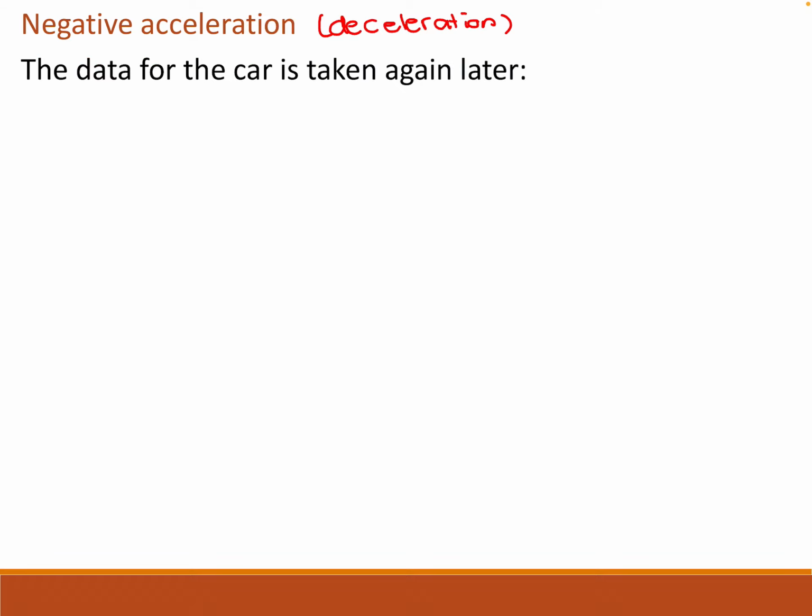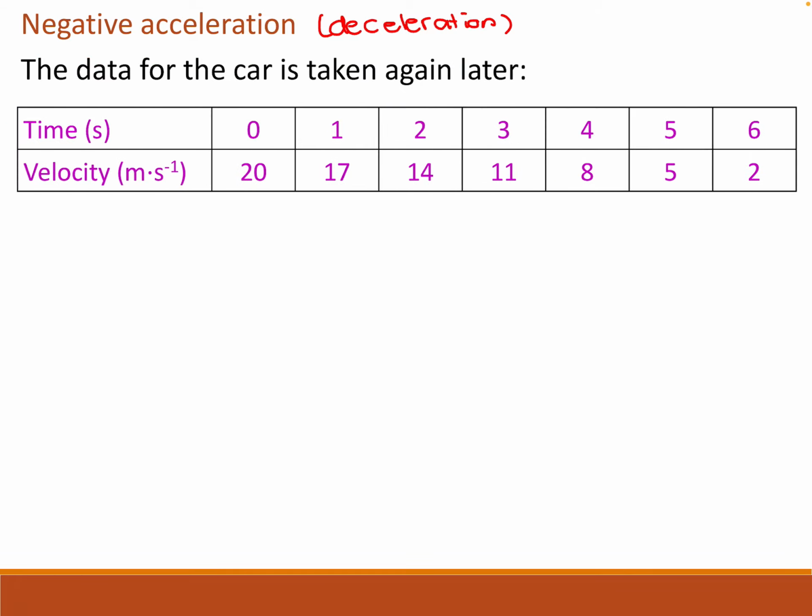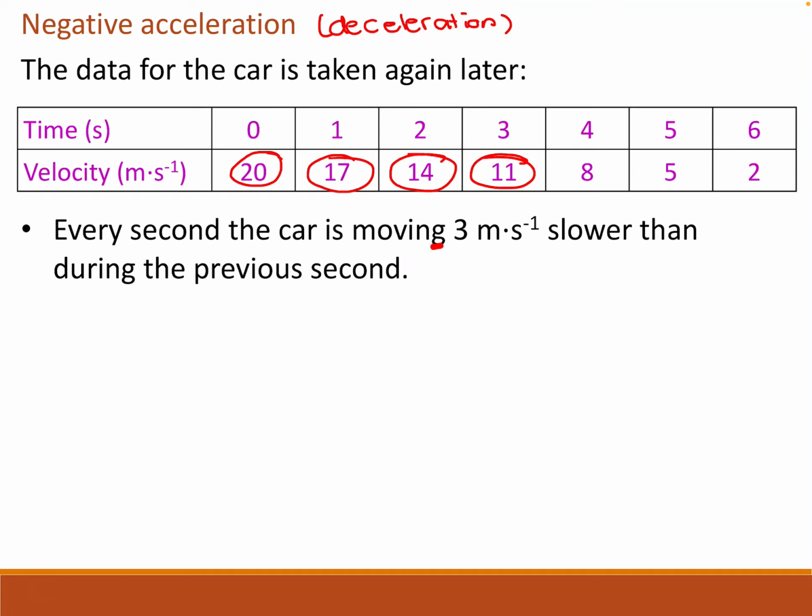So if we take the same car, but now it's slowing down, so they're putting their foot on the brake pedal. It was going at 20, then it's going at 17, then it's going at 14, then it's going at 11. And we can see that every second the car's getting slower. And it's moving slower by 3 meters per second every second.